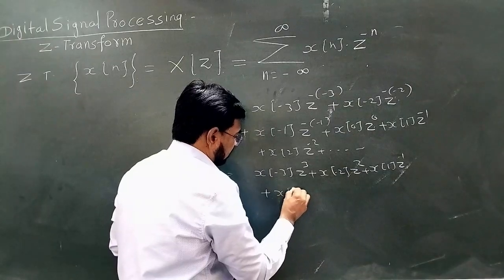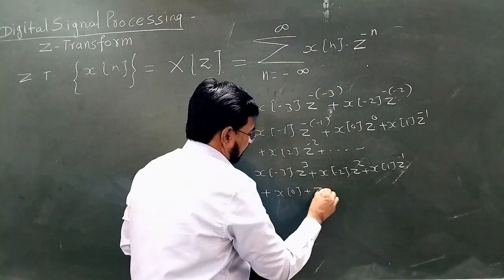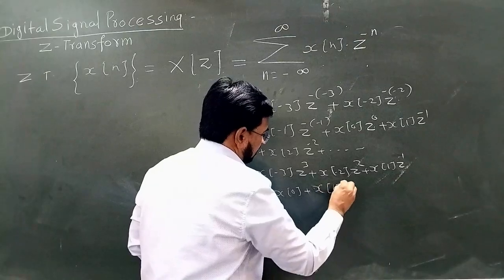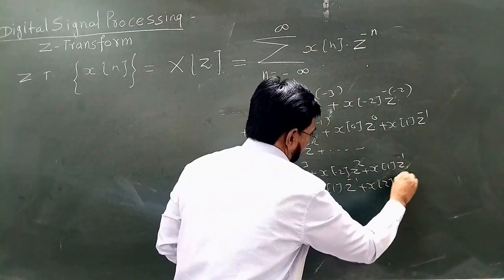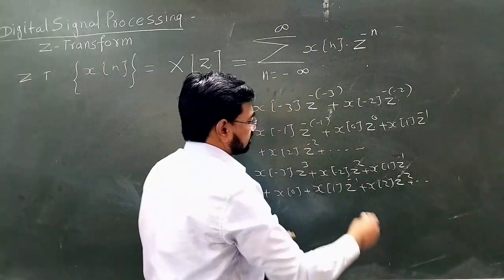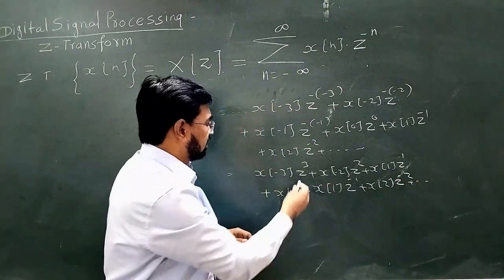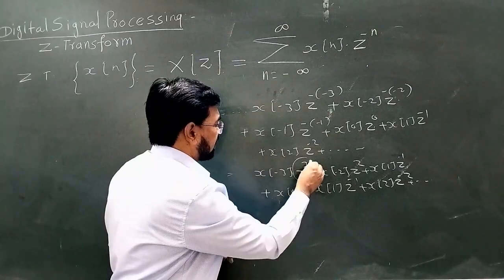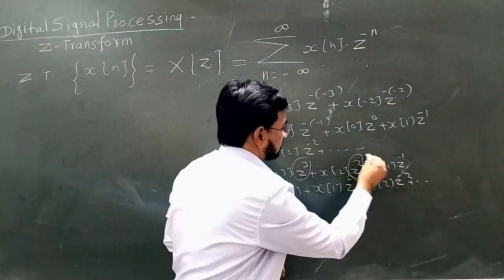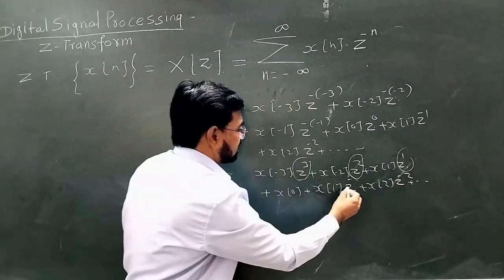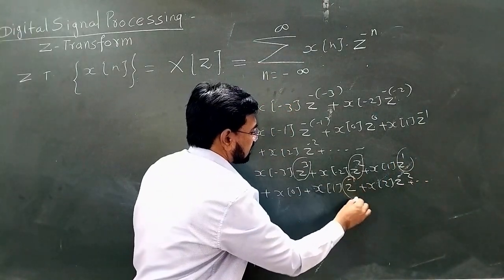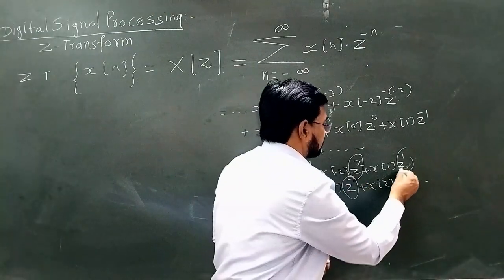So, this is x of 0, plus x of 1 z raised to minus 1, x of 2 z raised to minus 2 and so on. Now, note one thing: here z raised to plus 3, z raised to plus 2, z raised to plus 1, and here z raised to minus 1, z raised to minus 2.